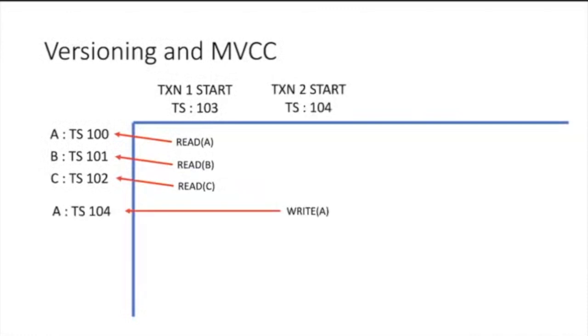And now we start a new transaction 2, but its timestamp is 104. So in transaction 2, we write A, we write B, and then we commit. So A and B, after the commit, are now in the database, and that's what readers will see in the future. So notice that transaction 1 isn't finished yet.